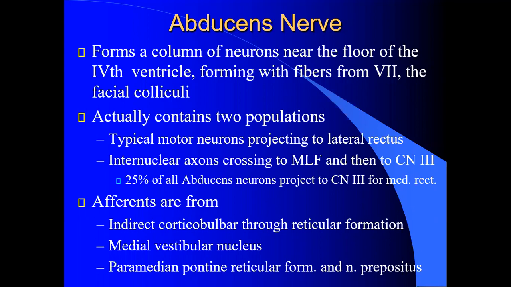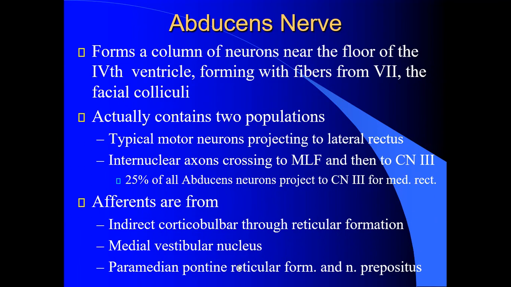Remember, the corticobulbar tract has no direct input into the oculomotor nuclei. The abducens nucleus receives afferents from the indirect corticobulbar fibers through the reticular formation that I just mentioned. Because they participate in this reflex for doll's eyes, they're going to have a medial vestibular nucleus component.